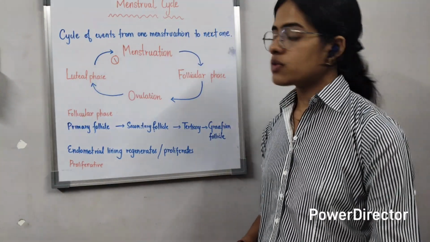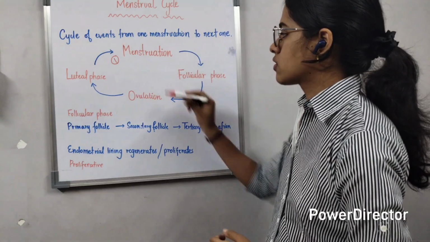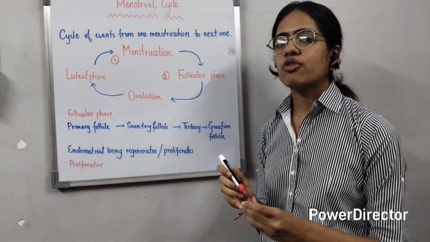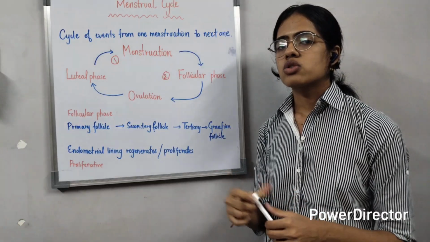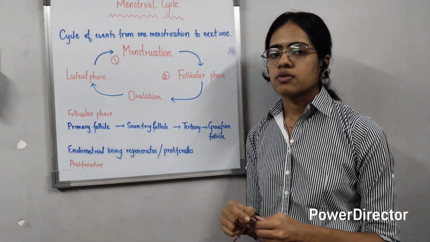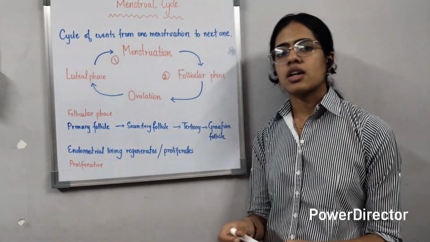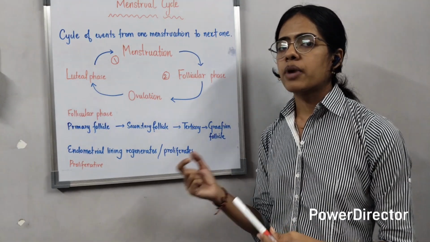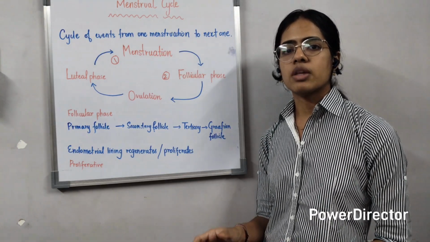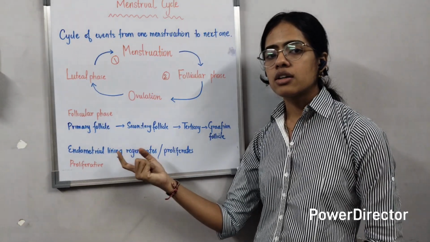Now, the second phase, which I am going to explain, is the follicular phase. After menstruation, the follicular phase takes place. What happens in the follicular phase is the primary follicle. Now, in one of the videos of oogenesis, I had explained that the primary oocyte, which is the premature female gamete, forms a primary follicle.